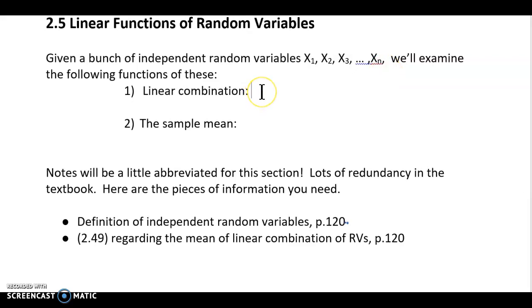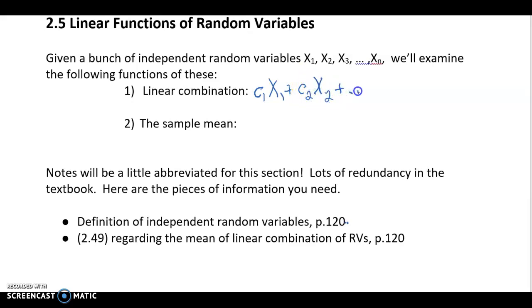So what if I wanted to look at what happens when I multiply each of these by a constant? So we have some C1 times the first one plus some other number. These C's are just numbers like 12 or -7 or whatever.